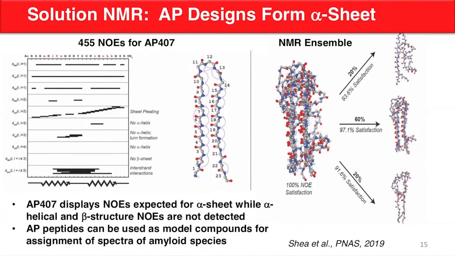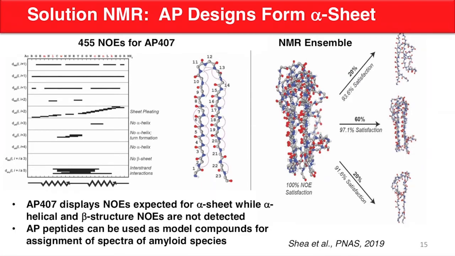Now, in the next slide, we had to show that really this structure was made by these peptides. So we did NMR studies, 2D in solution NMR, and determined the structure. We have many nuclear Overhauser effect cross peaks to do this.